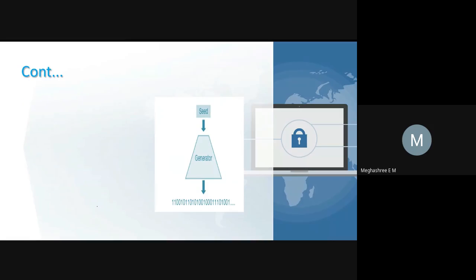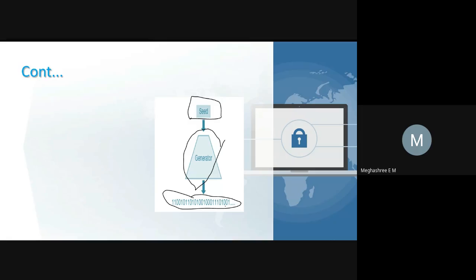Now consider this diagram which represents the deterministic generator. In the figure you can see a seed is considered and fed to the generator, which is nothing but an algorithm, and it produces pseudo-random numbers.